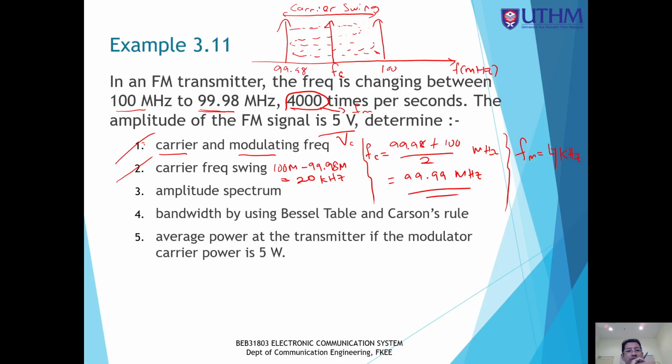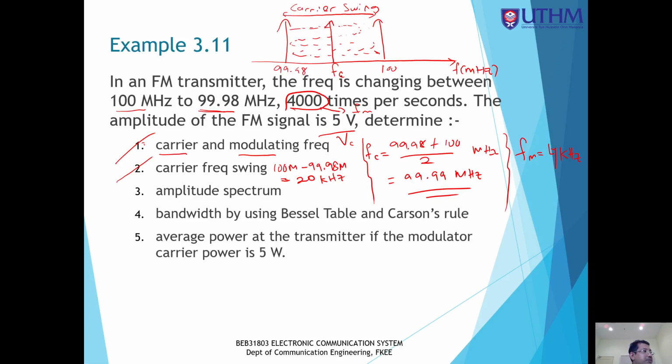So how do we draw the amplitude spectrum?